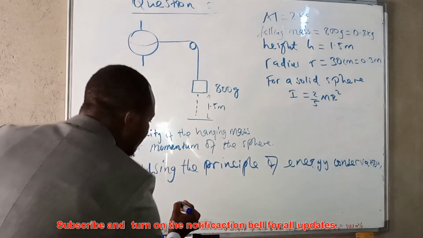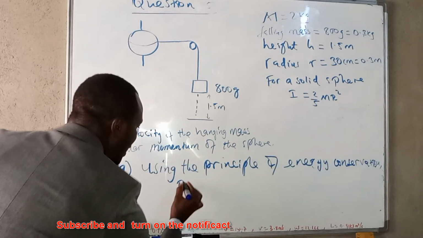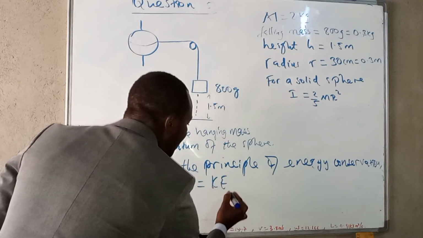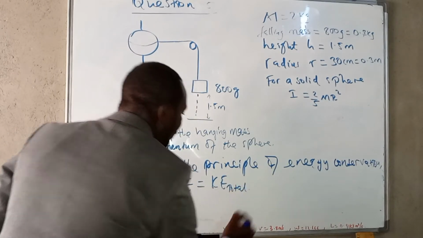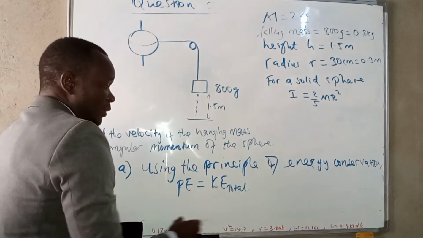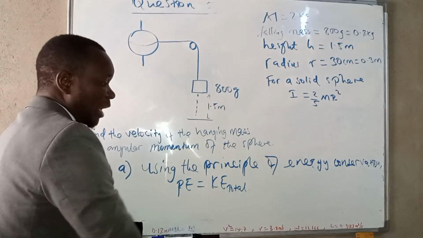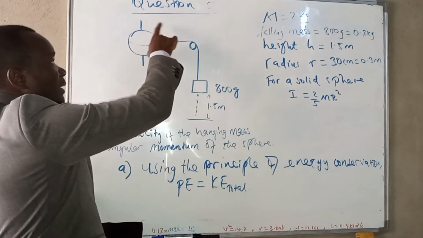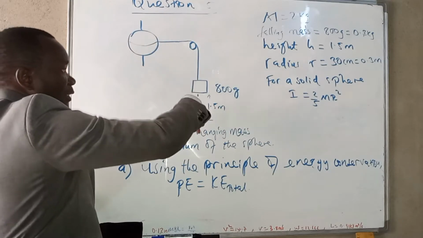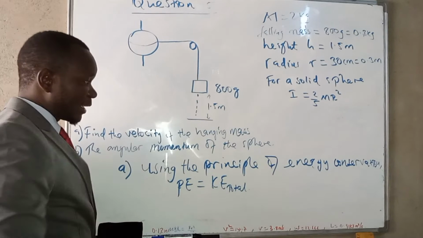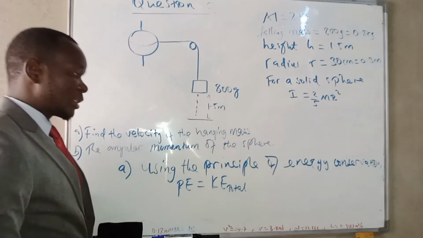Potential energy must be equal to total kinetic energy, because there is rotational kinetic energy and translational kinetic energy.